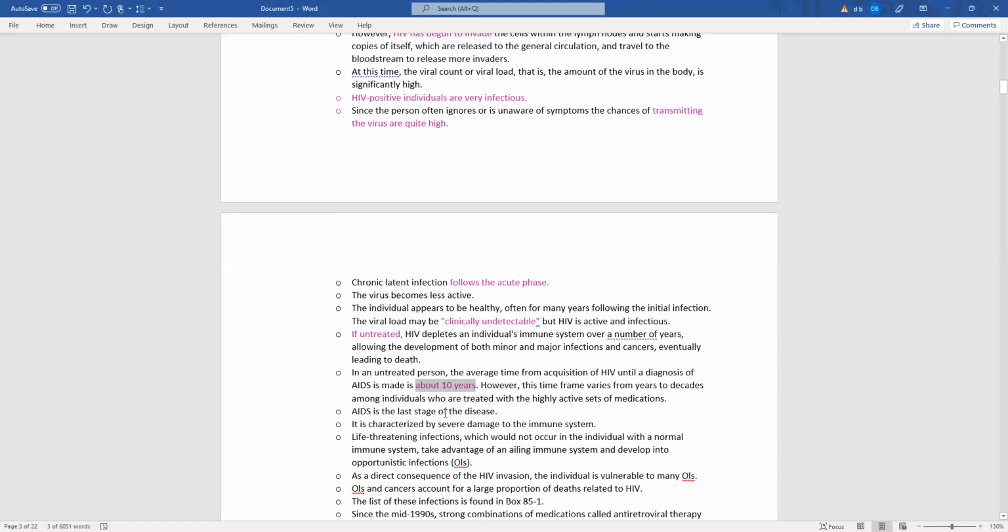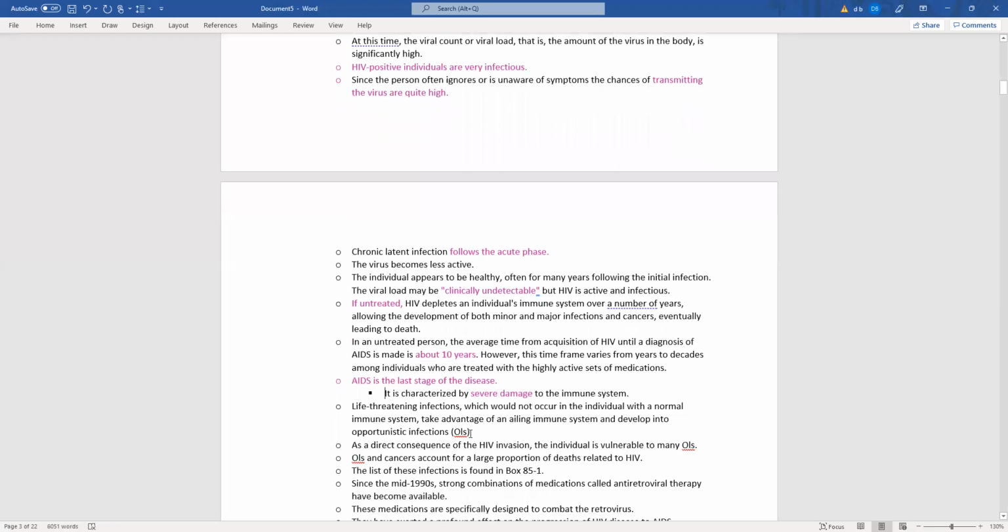AIDS is the last stage of the disease. We already said that. It is characterized by severe damage to the immune system.